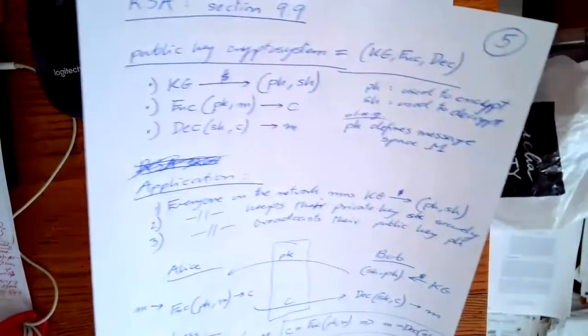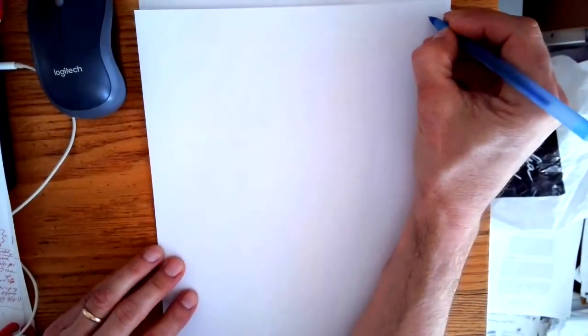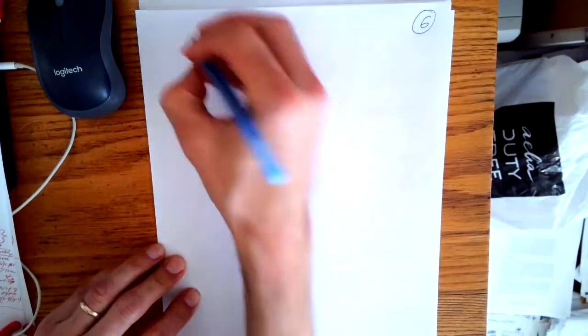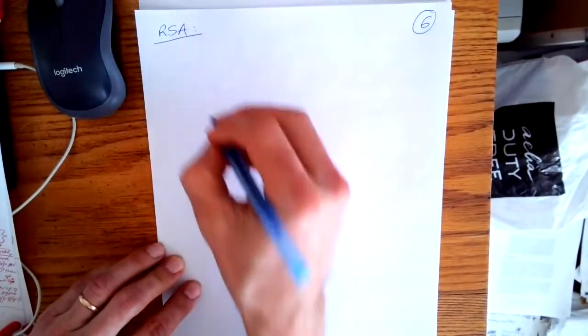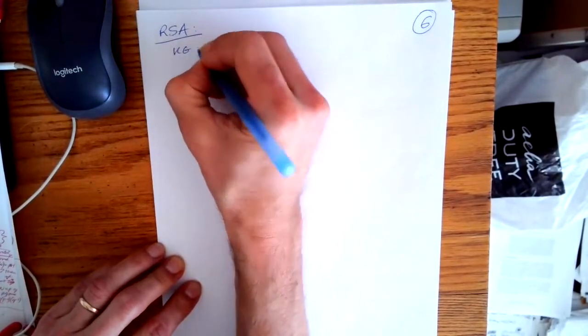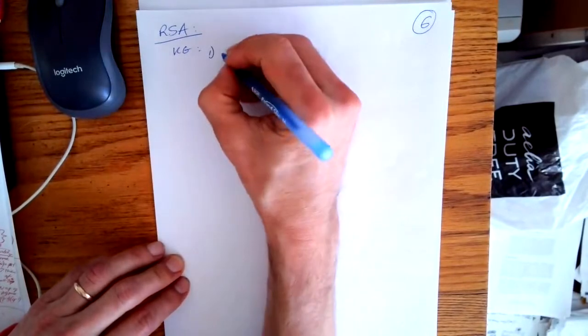So let's move to this specific RSA example. The RSA crypto system looks like this. Key generation works like this. It has several steps.